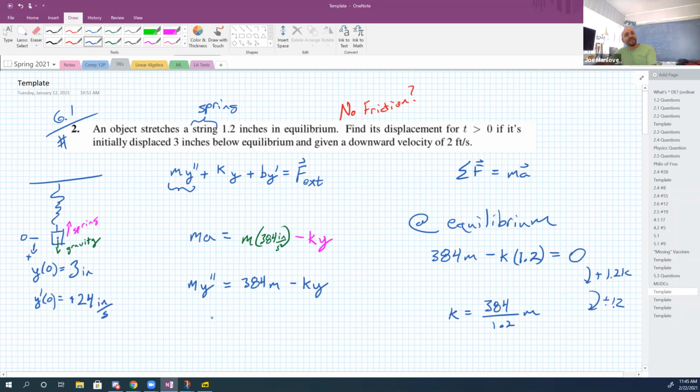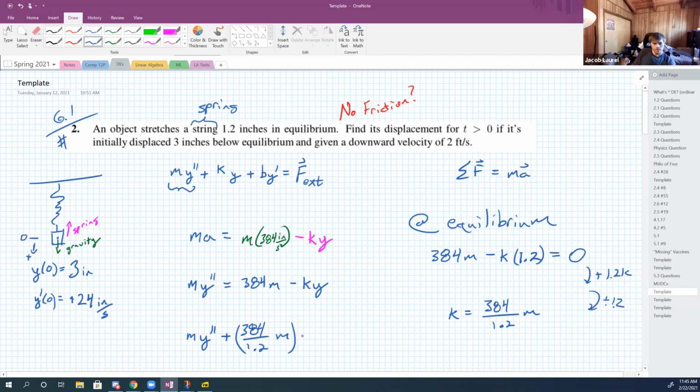All right. Put this in here. So we're going to end up with my double prime, and I'm going to bring this thing to the other side. So I'm going to have plus 384 over 1.2m. What have I lost here? What's that guy? Your y? Yeah, that guy's just k, so there should also be a y, and this should equal 384m.